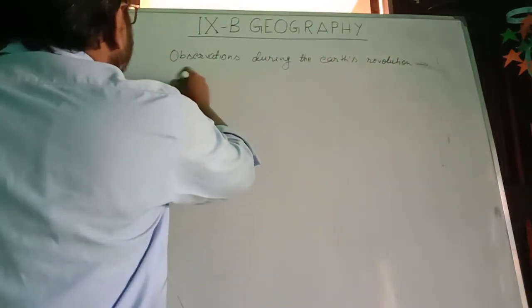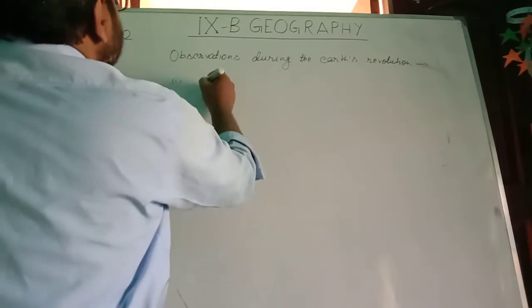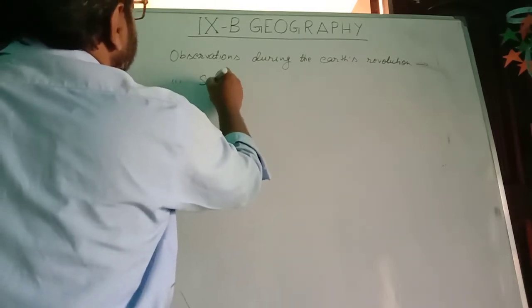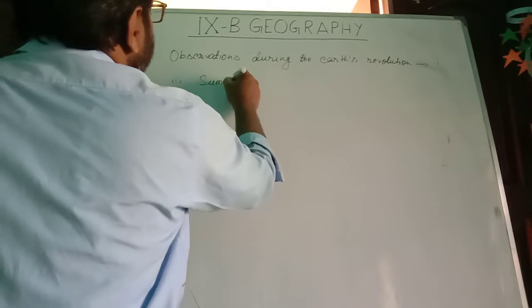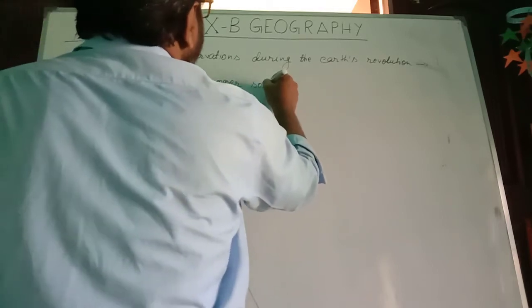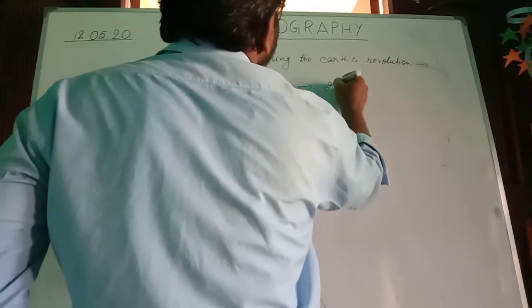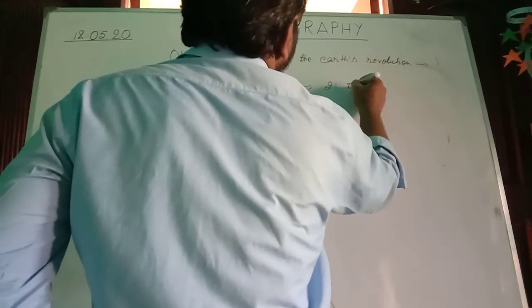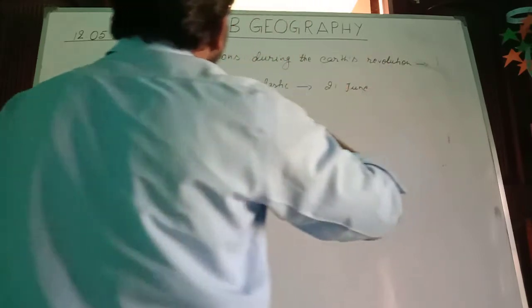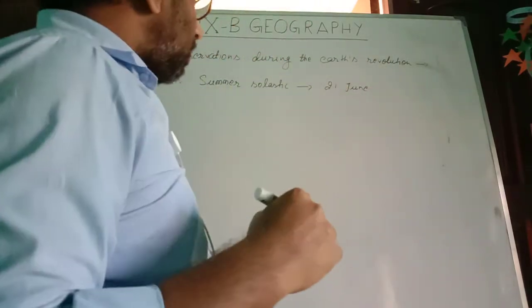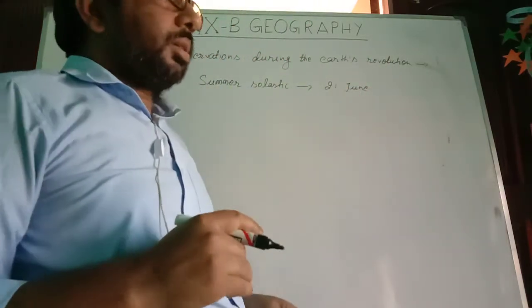So first is summer solstice. It happens on 21st June. What happens on this date?